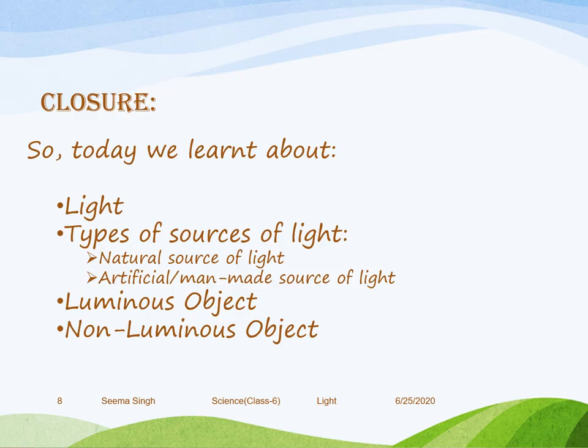The objects that do not emit light of their own. They reflect the light of others, like doors in our house, windows in our house, metal objects, moon. Moon reflects the light of the sun. It doesn't emit light of its own. So I hope we were able to understand till here. Now let's move on to the home assignment.